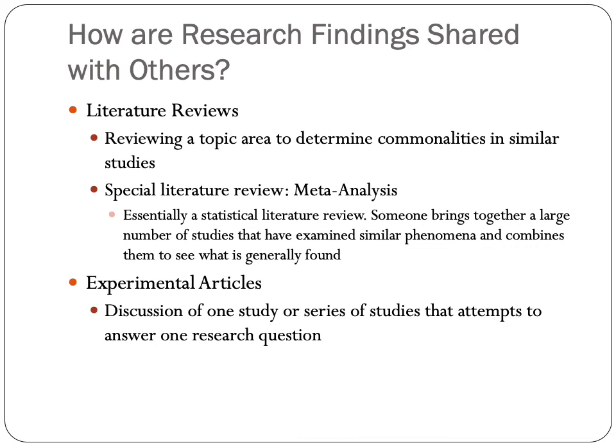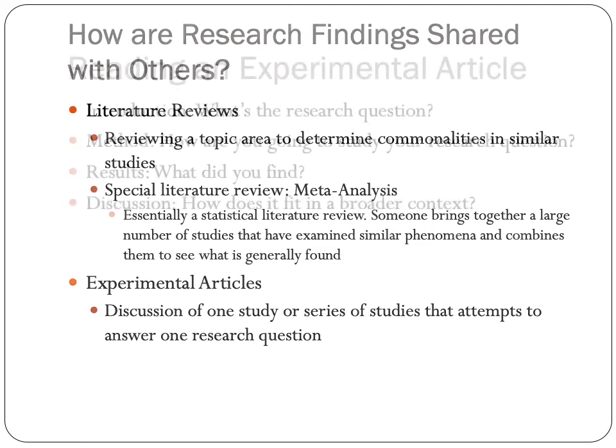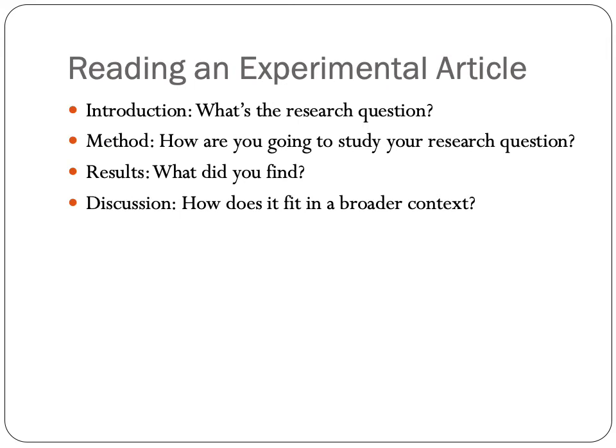There's also experimental articles. And so the discussion of one study or series of studies that attempts to answer one research question is what we use in an experimental article, right? The vast majority of journal articles are experimental articles. Now, for this class, I'm asked to read experimental articles quite heavily, right?